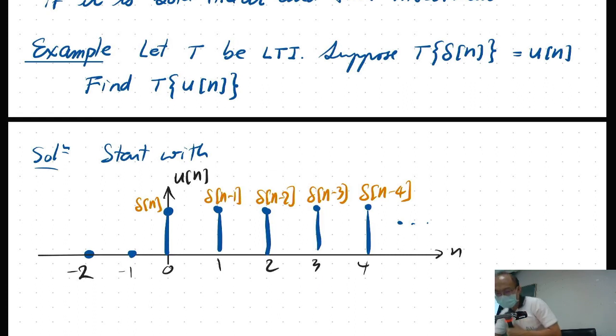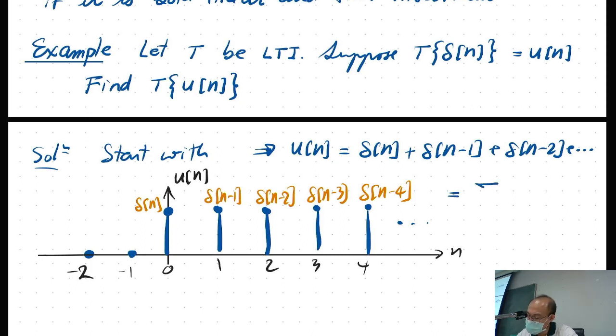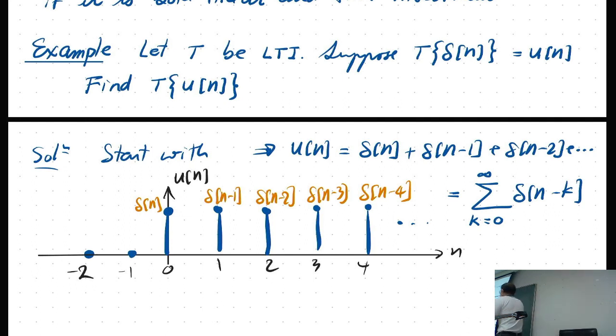So we see that u[n] is delta n plus delta n minus 1 plus delta n minus 2 and so on. Okay, and then we write it in the summation notation, the sigma notation, with k starting from 0 to infinity, where k is an integer, of delta of n minus k. So this is u[n].